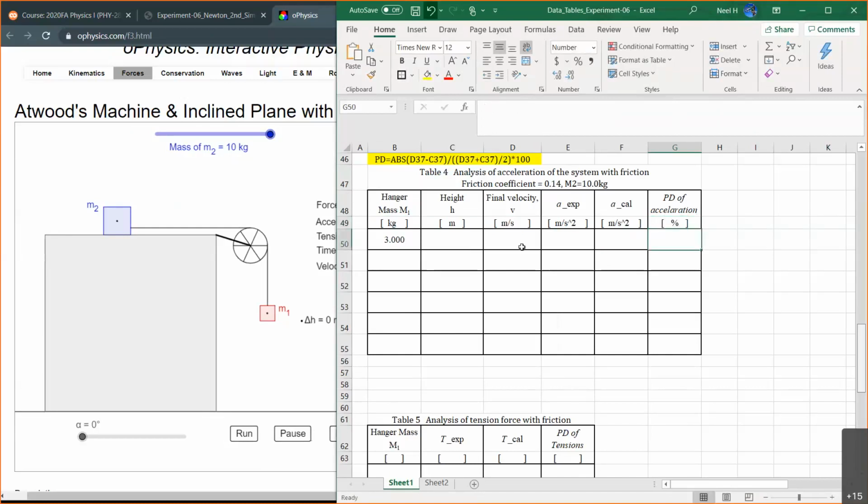That's not even needed because there's no unit for PD, right? Okay, so let's start from 1 kilogram. Correction: let's start from 3 kilogram of M1 weight.